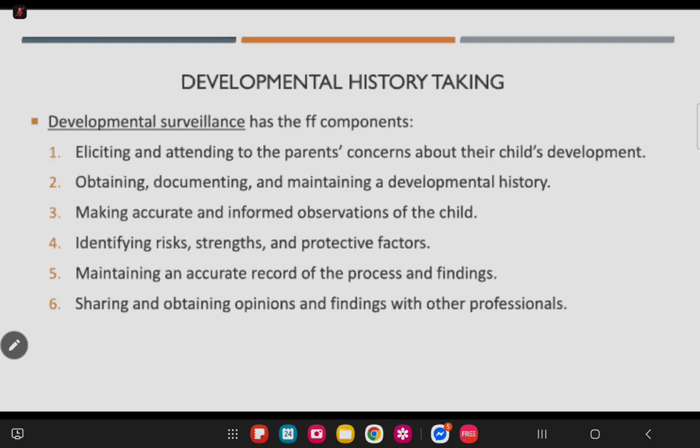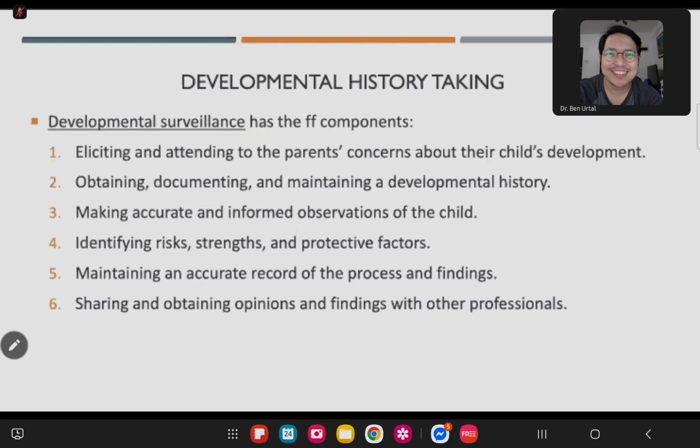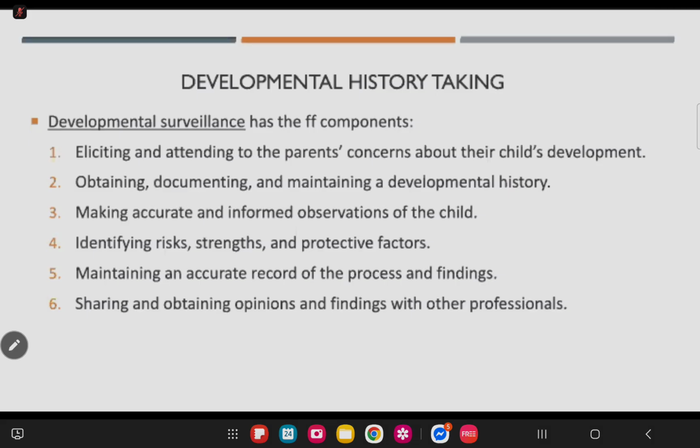So the first is eliciting and attending to the parents' concerns about their child's development. For this first part, your questions should be open-ended. And then after asking an open-ended question, whatever the response is, you then go into the specifics. And for their concerns, it should be verbatim, meaning they are taken as they are, as presented by the parent.